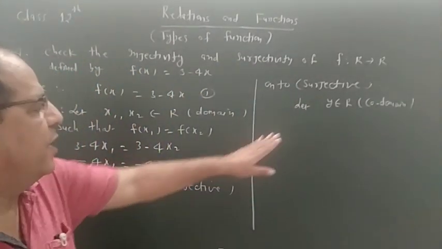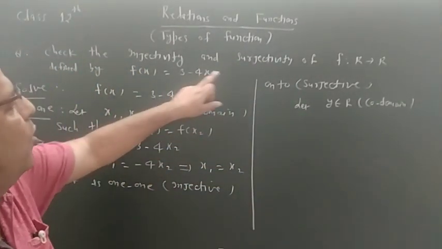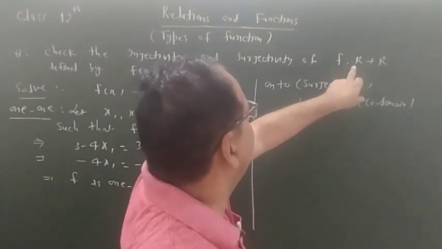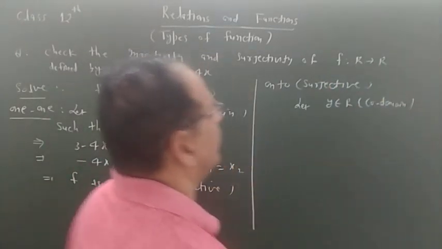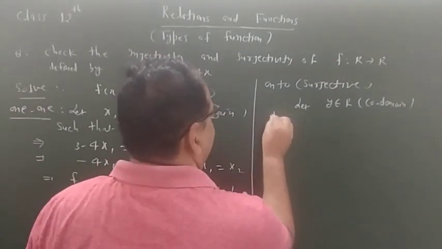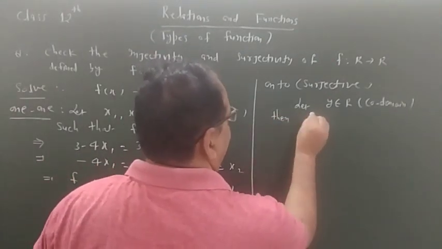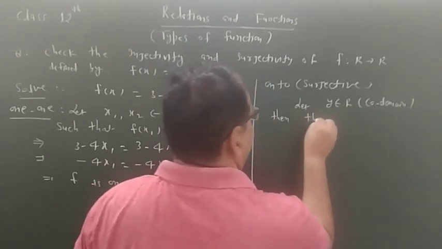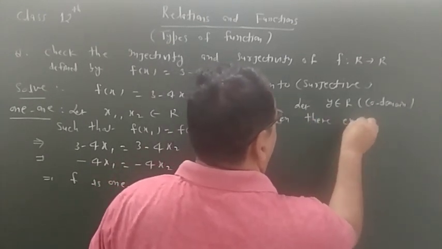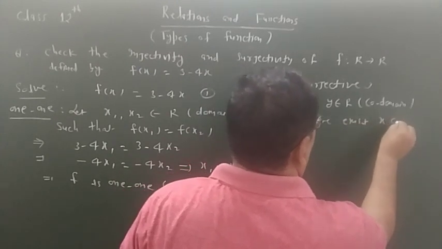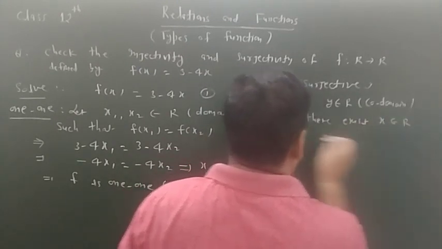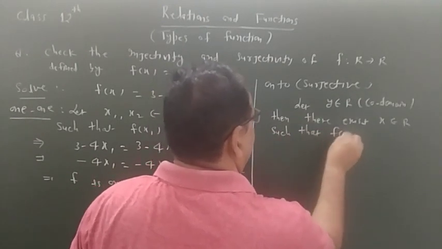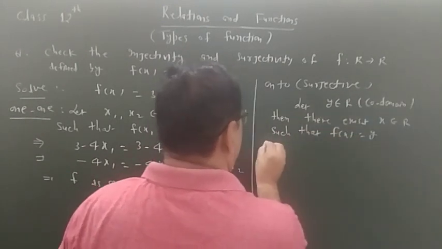Here we want to check that each element of the codomain is the image of some element of the domain R. Then there exists x belonging to R such that f(x) = y.